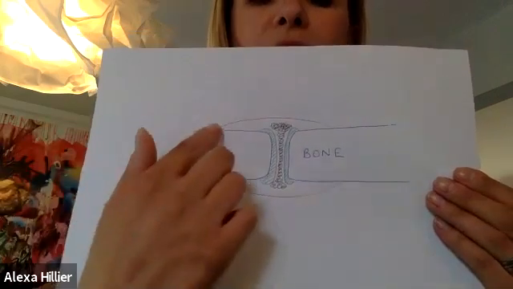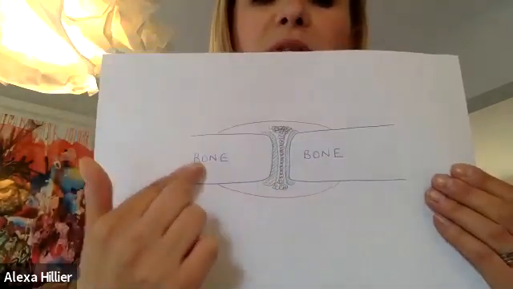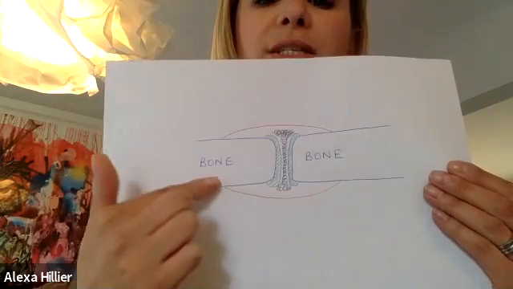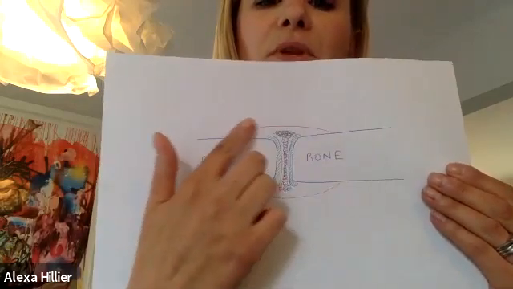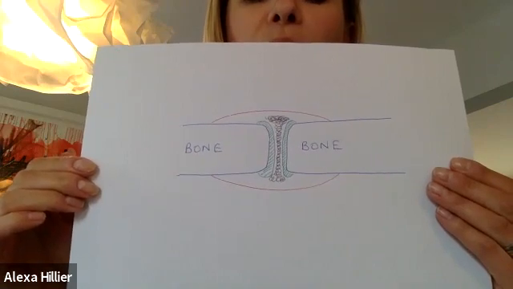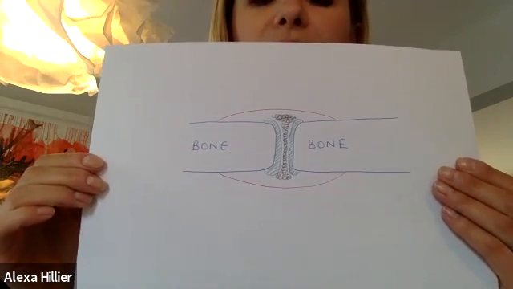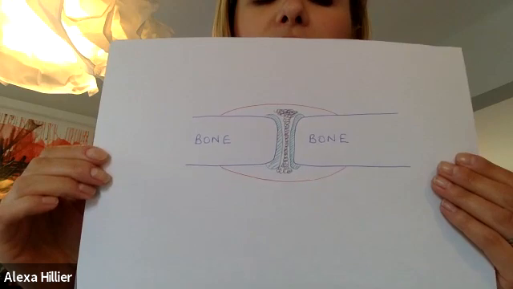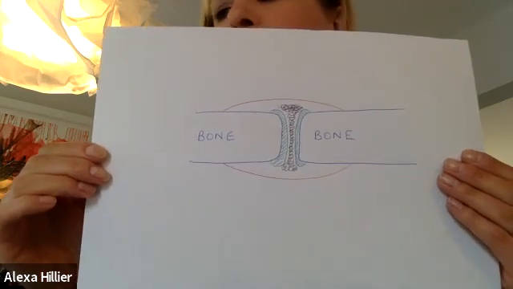And then lastly, so the bones just don't all collapse, we've got two structures here of connective tissue. And this is a structure that holds bone to bone, and it's called a ligament. So ligaments hold bone to bone.